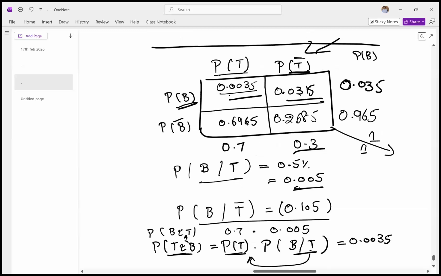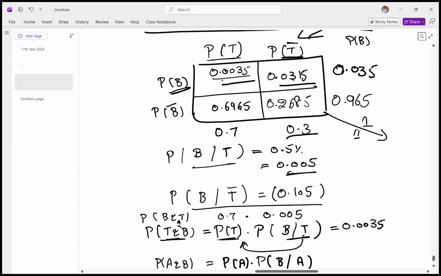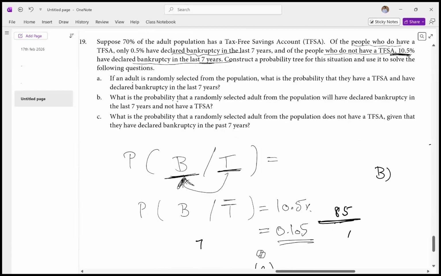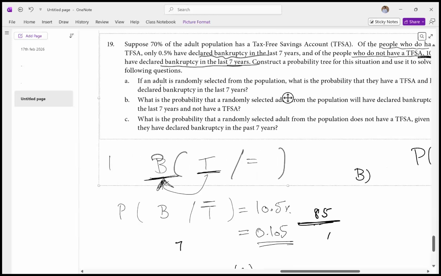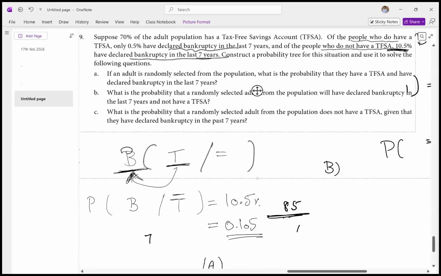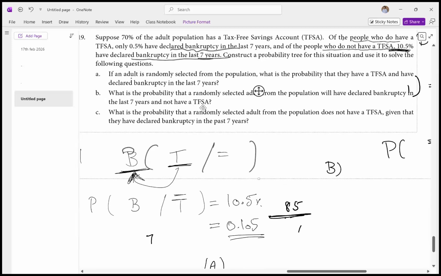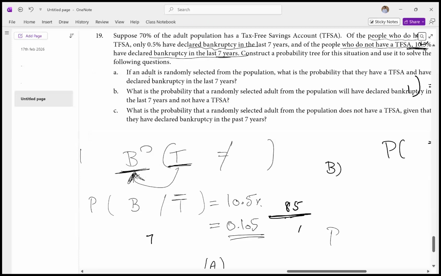Now we're going to answer parts B and C. Let's go back to the question. What is the probability that a randomly selected adult from the population will have declared bankruptcy and not have a TFSA? I'll read it from the book again. Will have declared bankruptcy and not have TFSA.